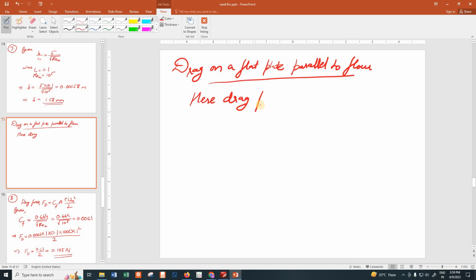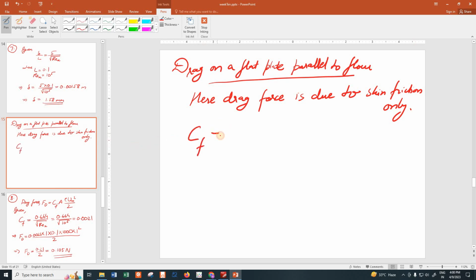So here the drag force is skin friction only.